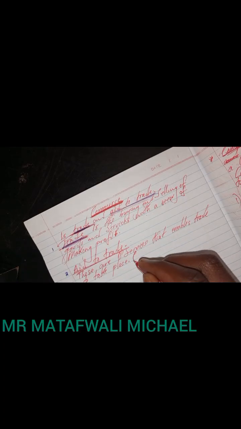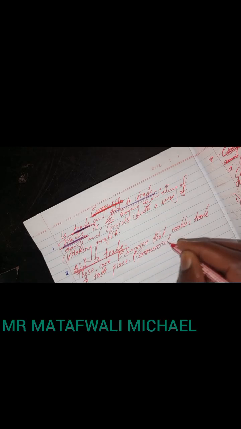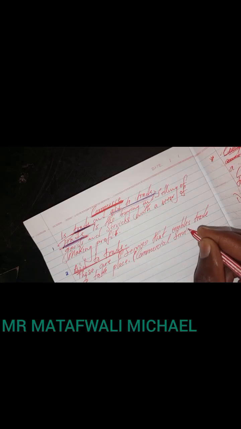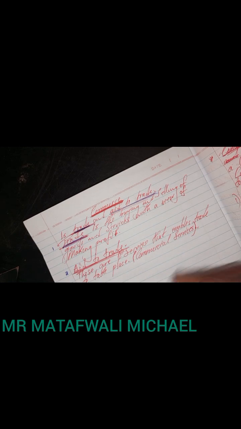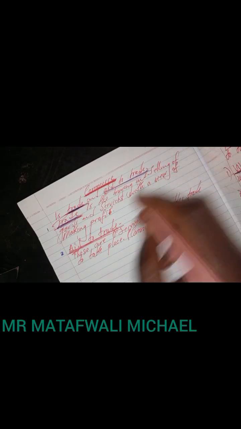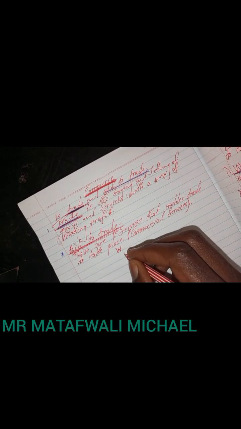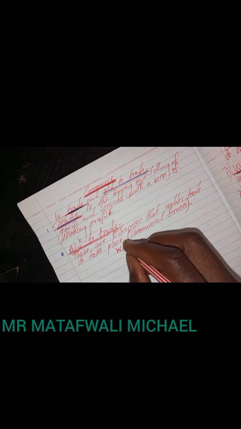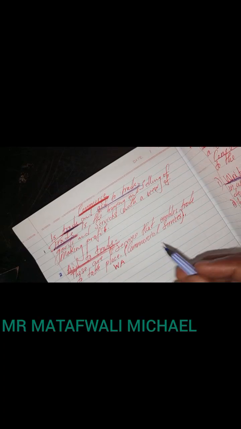Then no wonder aid to trade sometimes are called commercial services. So when they say commercial services, it means they are referring to aid to trade. So this is now where we come across this wonderful word which we call WABTIC.